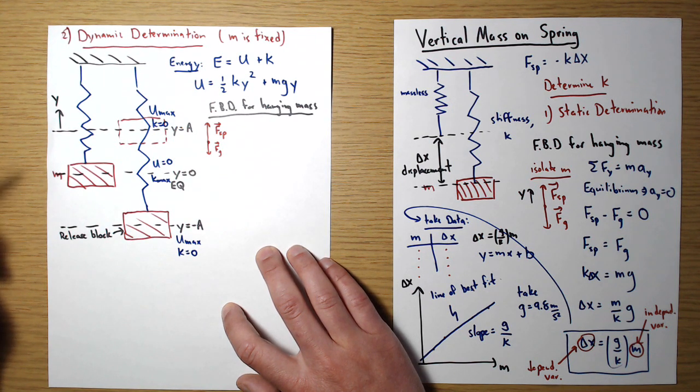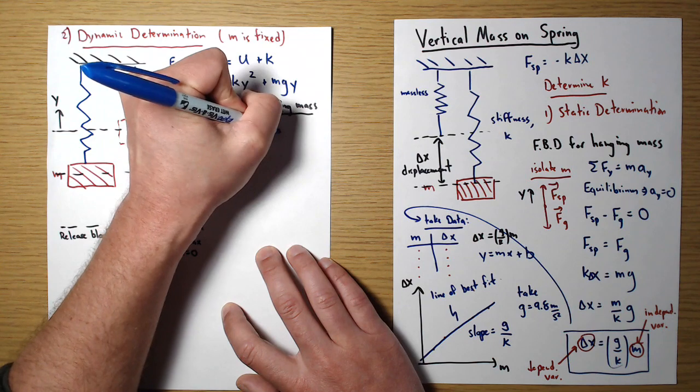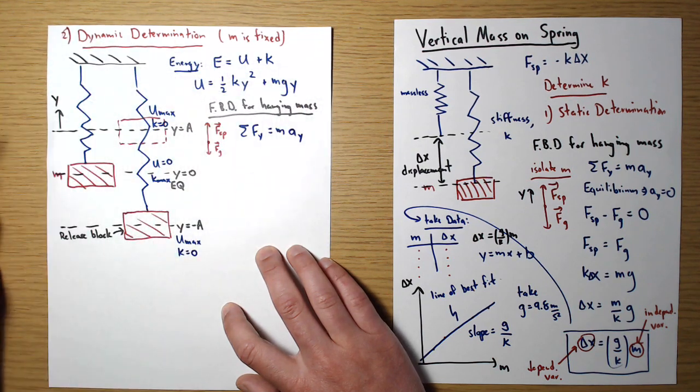Now what's going to happen here is the following. Let's just write out Newton's second law. Newton's second law says the sum of the forces in the y direction equals m times a sub y.